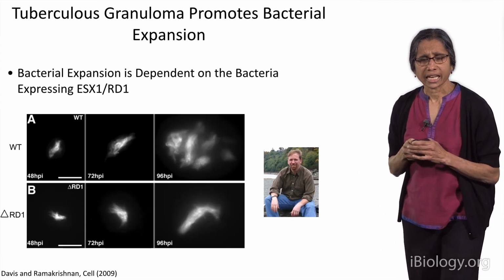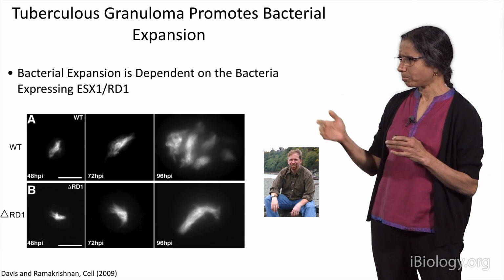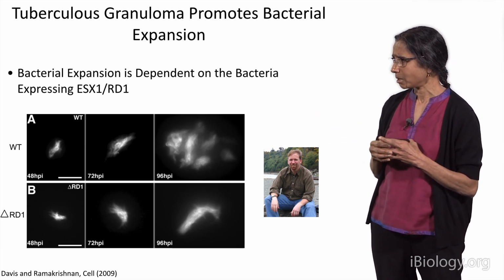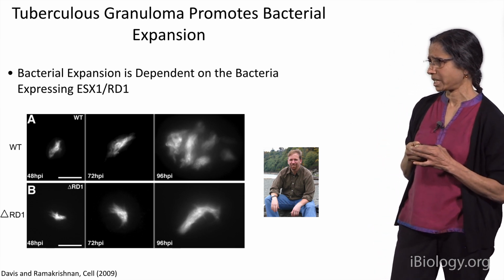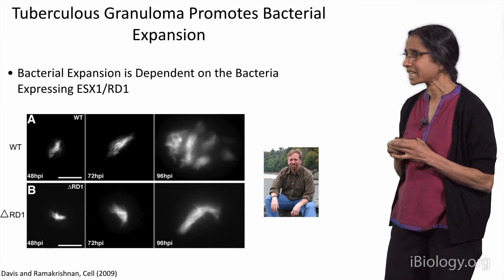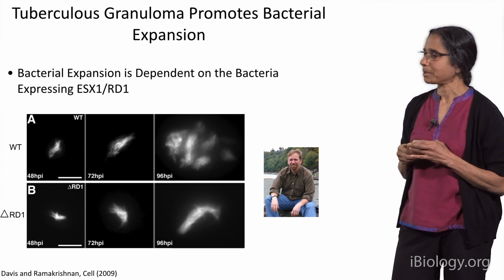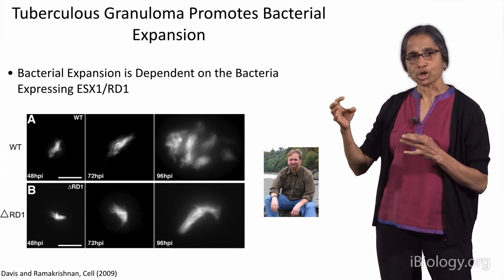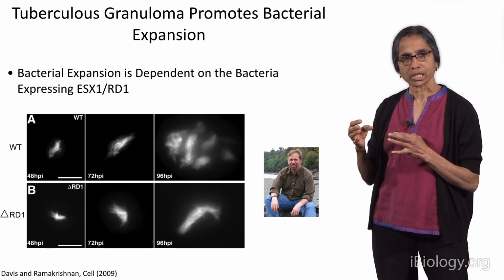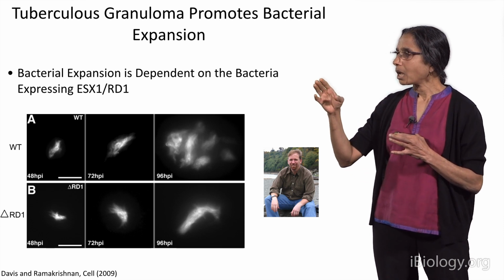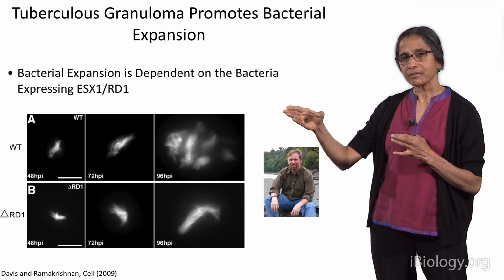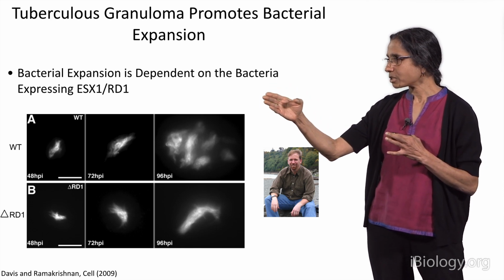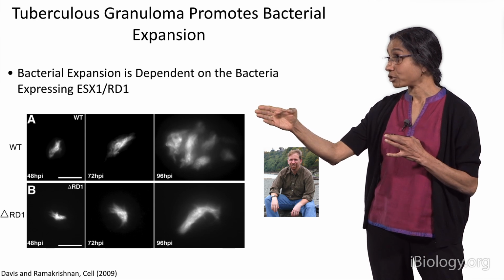And the answer to this came both from Hannah's work and from a new graduate student who joined, an MD PhD student, Muse Davis. And what we found was happening was that when there's an infected macrophage, when new macrophages come to it, for some reason, if they have that ESX-1 locus, the bacteria are spreading quickly from macrophage to macrophage.